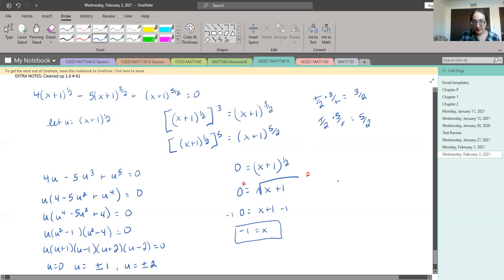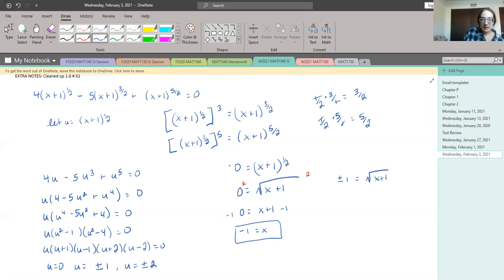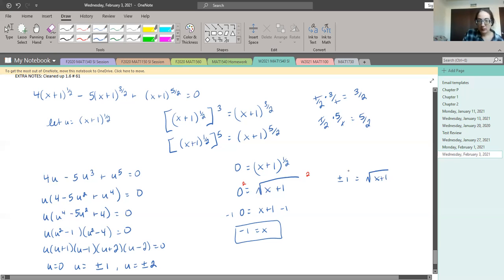So I'm just going to leave this as plus or minus 1 equals the square root of x + 1, because I'm plugging in this value for u. Now we do the same thing: we square both sides, and it's going to be 1 equals x + 1. If we subtract 1 from both sides, the 1s cancel, so for this answer we get x equals 0.